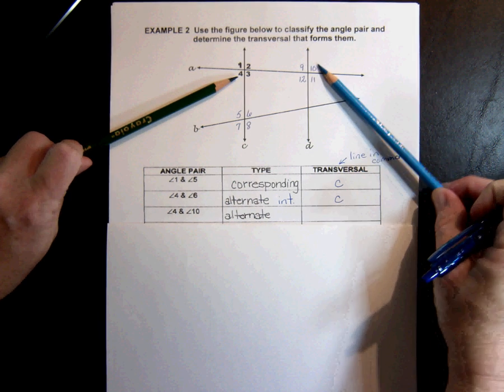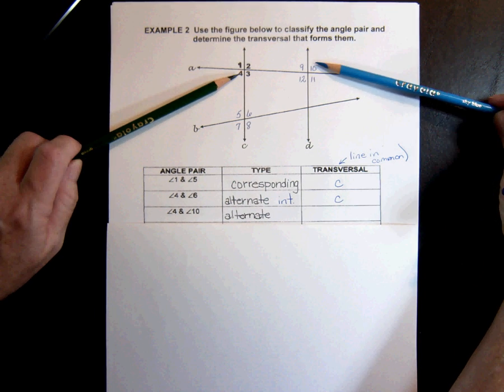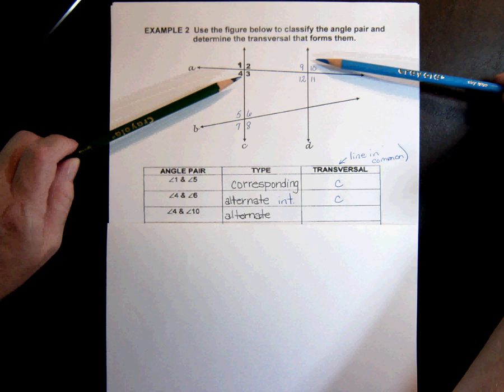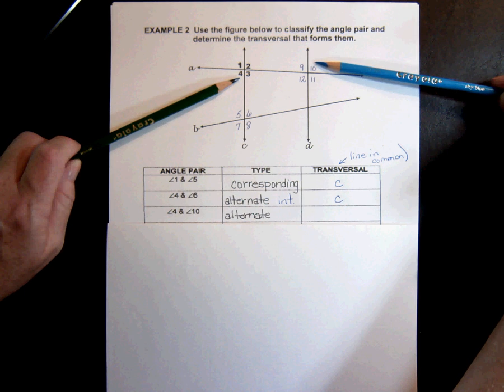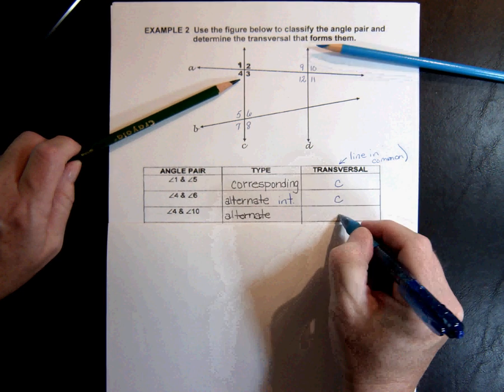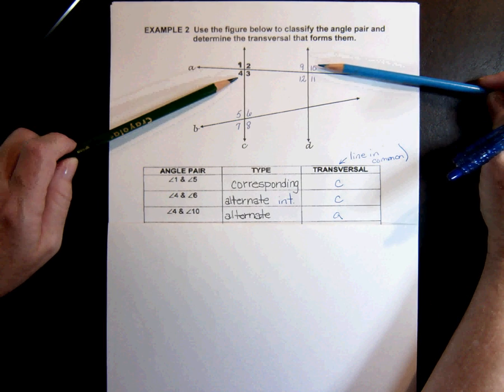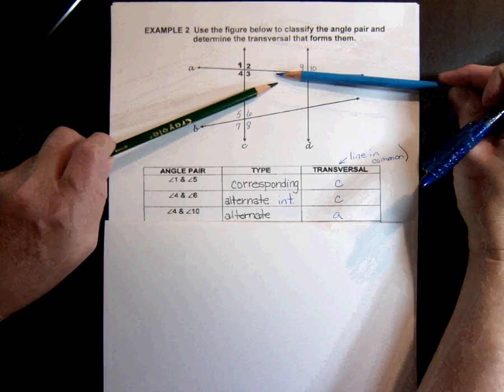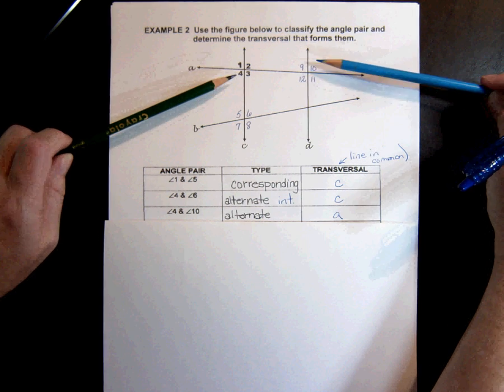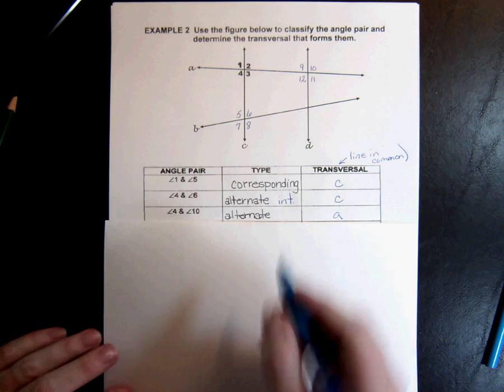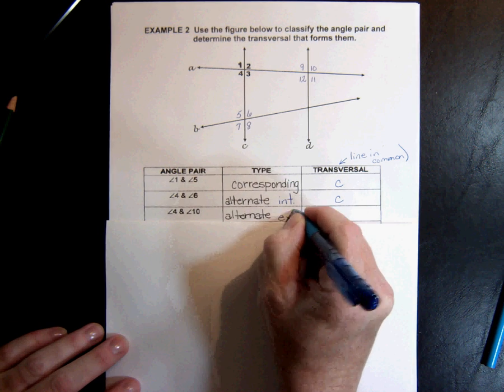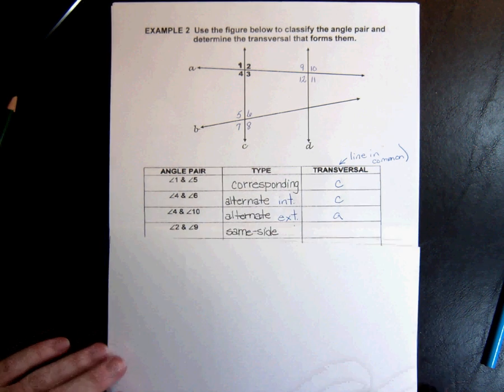Now, if you look closely, the transversal that includes both of these is transversal A. And again, look closely. Are these on the outside of that transversal or the inside? Exterior would be the outside. Abbreviate that. E-X-T, exterior.